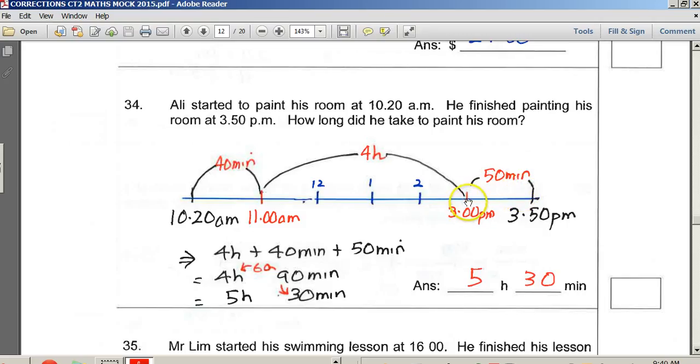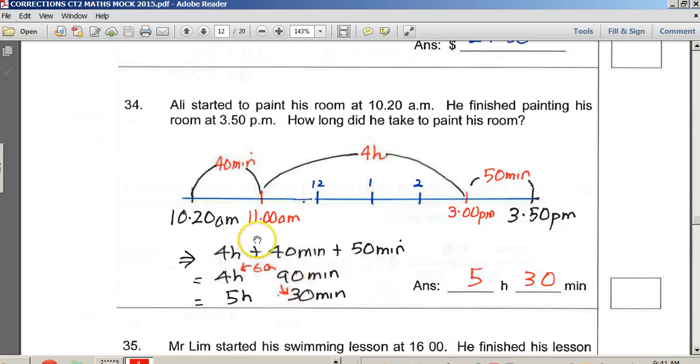So if you have 3 p.m. over here, and 11 a.m. over here, the time difference you can just count like this: 1 hour, 2 hours, 3 hours, 4 hours. So 4 hours plus 40 minutes plus 50 minutes, you should be able to get 5 hours 30 minutes.